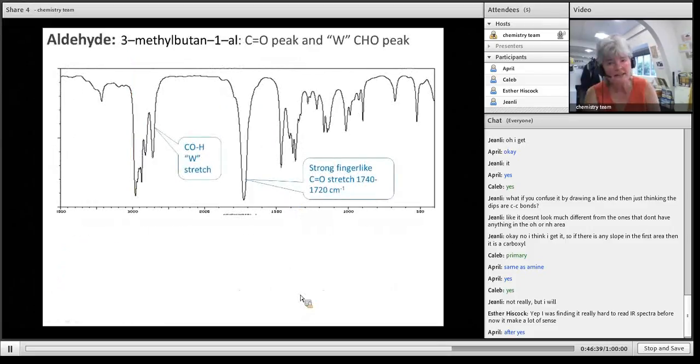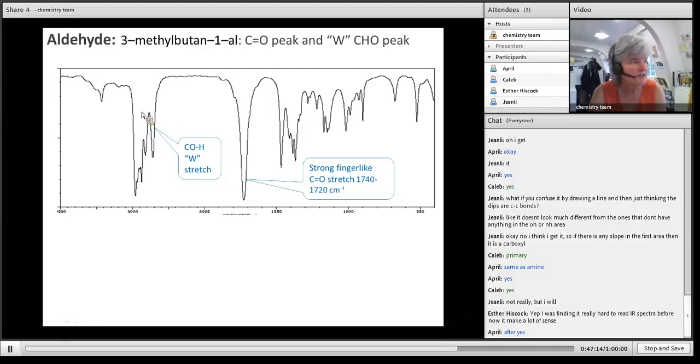Okay, an aldehyde. With an aldehyde, it's not always very clear, but that hydrogen that's attached to the carbonyl group, because an aldehyde always has that hydrogen attached to the carbonyl group, does a particular stretch or bend, and it comes up as a W, but part of the W is hidden under this alkyl group.